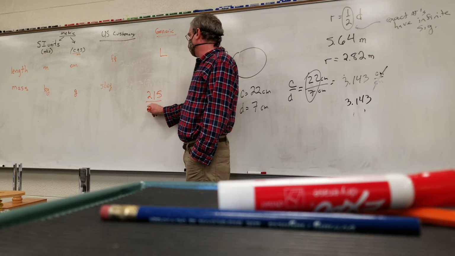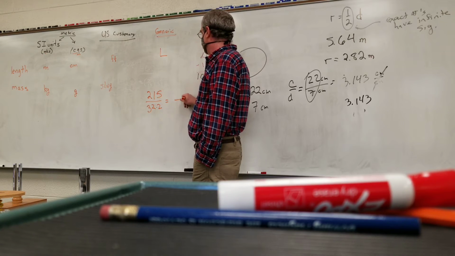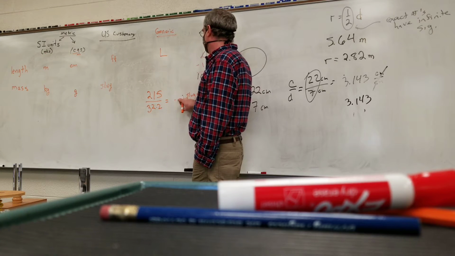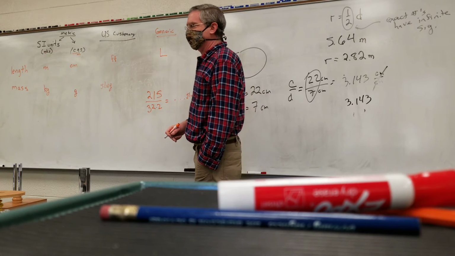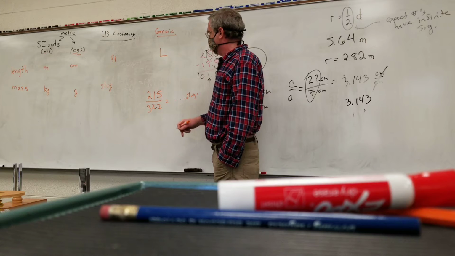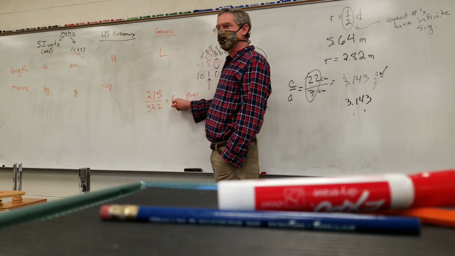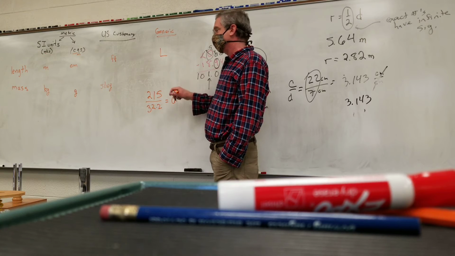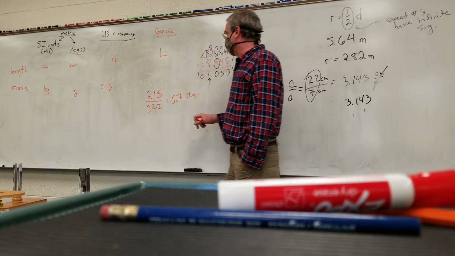If I divide by 32.2, that would tell me the number of slugs that I am. So how many slugs am I? 6.67701. Let's round off. So my mass is about 6.7 slugs.